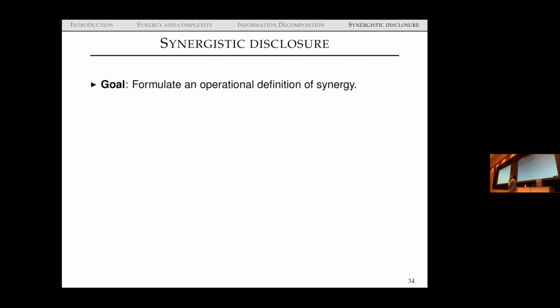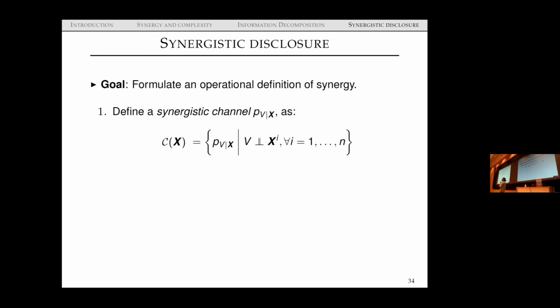So the goal of this part of this synergistic disclosure business is to formulate an operational definition of synergy. That is a definition of synergy that has some information-theoretic meaning. And the way we're going to do this is in 2 steps. First, we define a synergistic channel. So let's say that we have, again, as before, x's are going to be the sources and y is going to be the target.